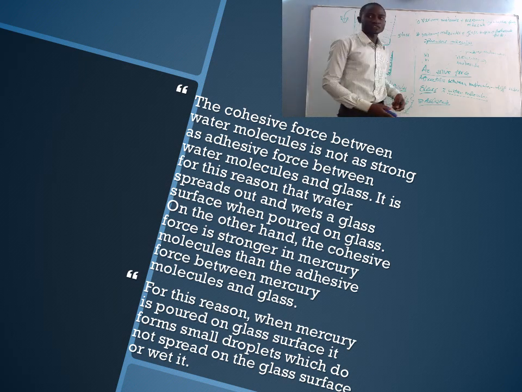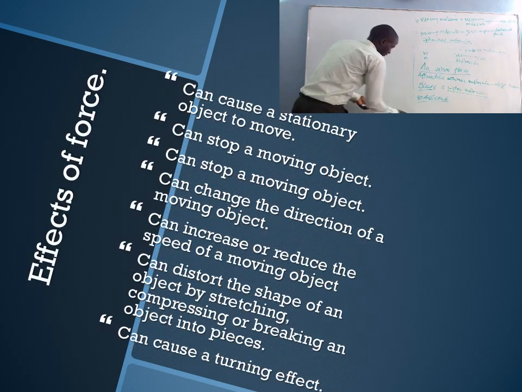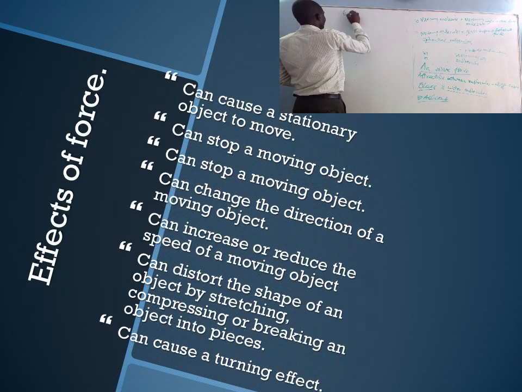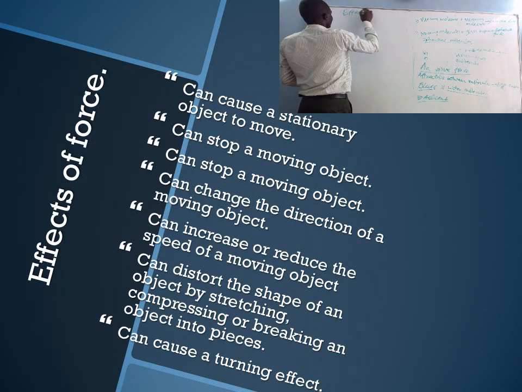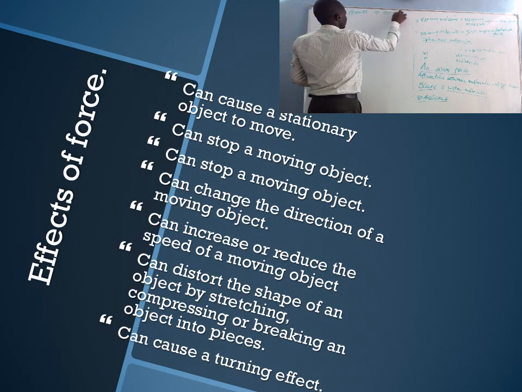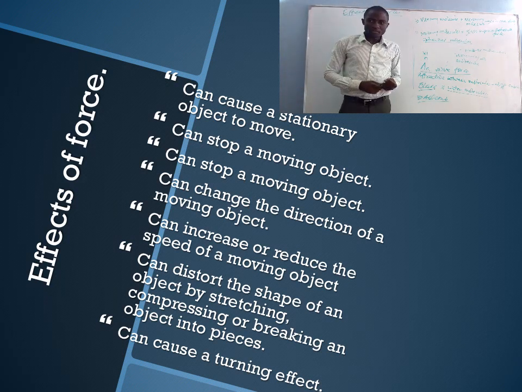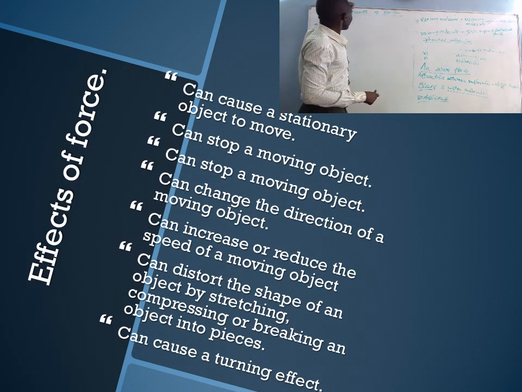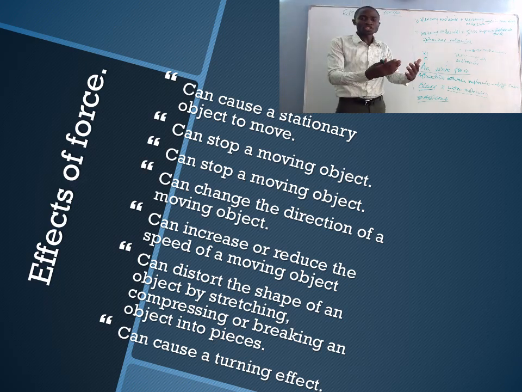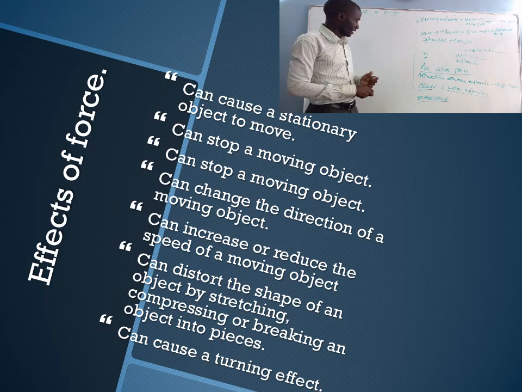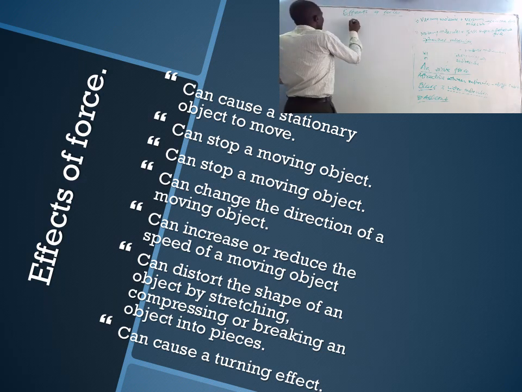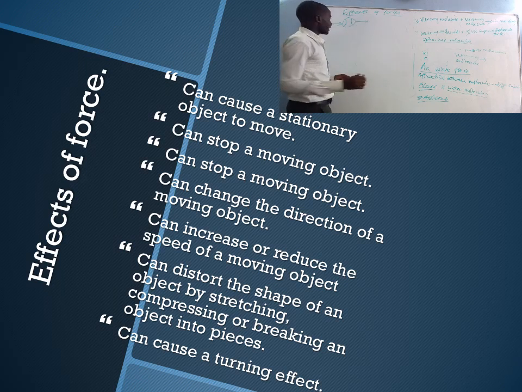What is the effect of a force on a body? Okay, effects of forces. From the beginning, I say that a force is a push or a pull on a body. And therefore, when you kick a ball, for example, three things are likely to happen.